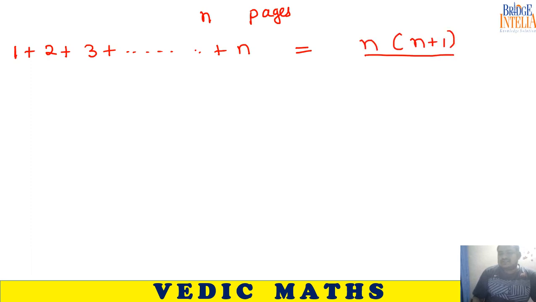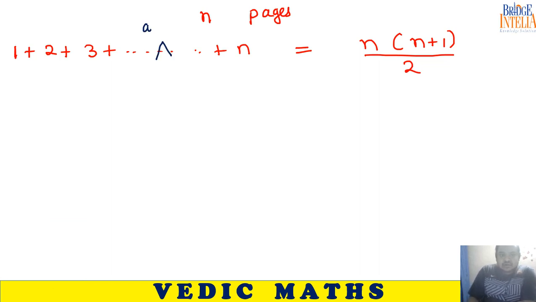So if you have counted it properly, you would have got this much as the answer as per the formula. But what has happened? What is the mistake that you are doing? The mistake you are doing is that a page is missing.